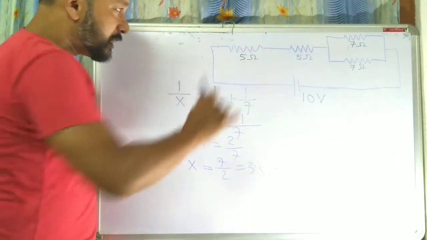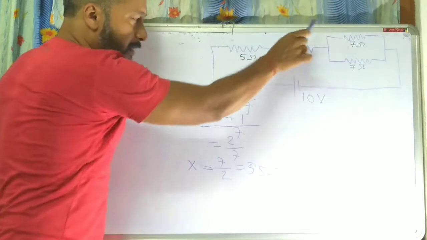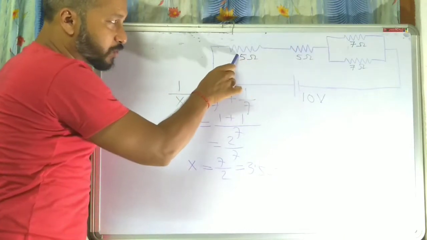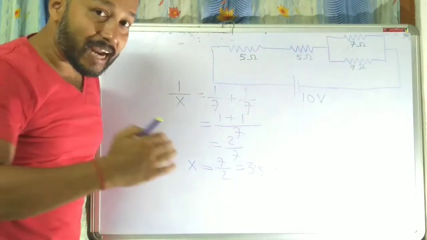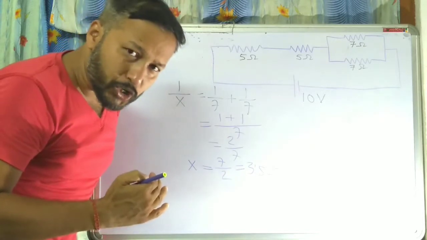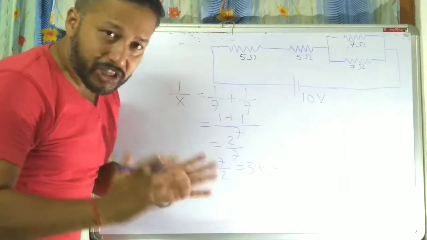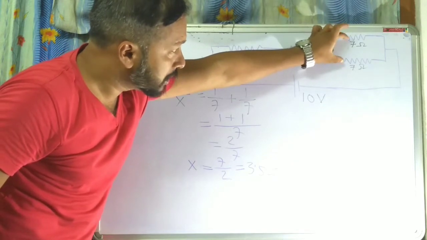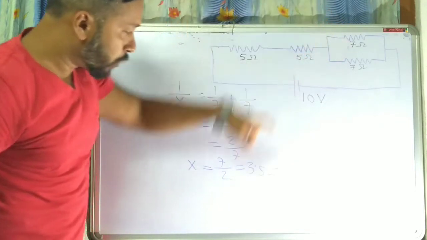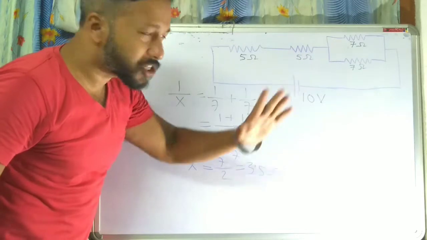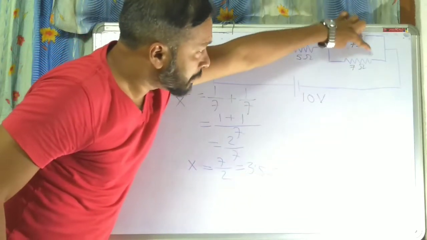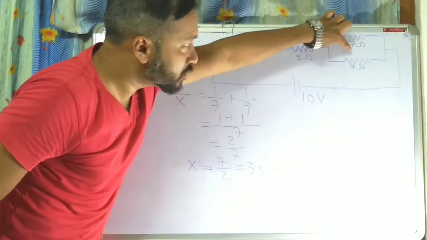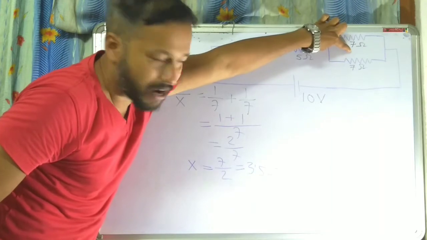Now this 3.5, this 5 and this 5 are in series. Because we have calculated the whole parallel combination, just imagine that by combining these two, there is only one resistance, 3.5.